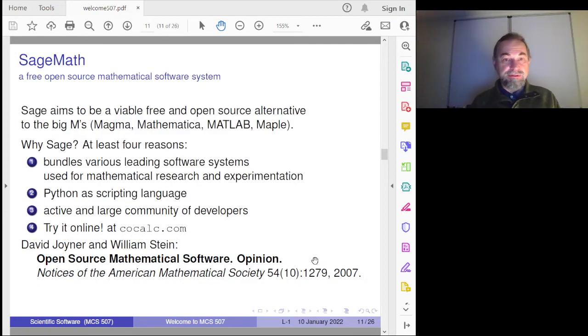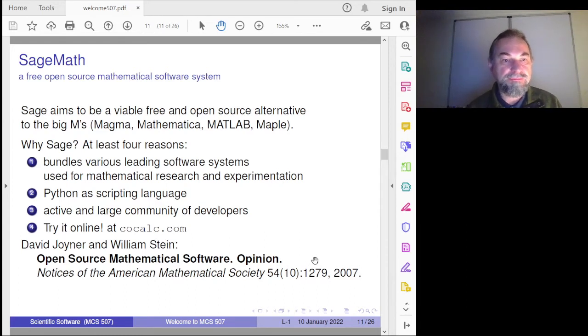There is also an opinion piece. The bottom line is that if you want your research itself to be open, so that people can use and reproduce your results, then using free and open source software is, I would almost say, a prerequisite.